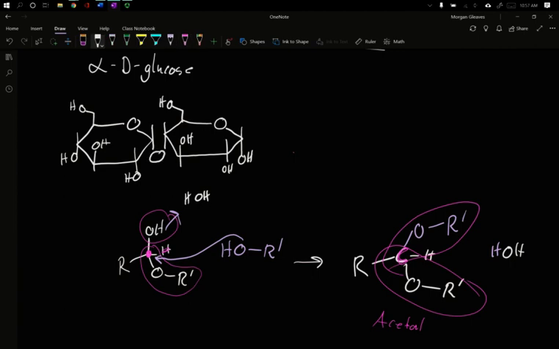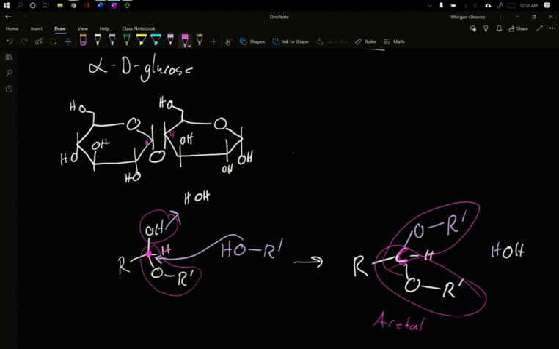That oxygen is now connected to the fourth carbon of one sugar, and the first carbon of another sugar. We have created a link that bridges two different ring structures together by turning that anomeric carbon of the left sugar ring into a full acetal.